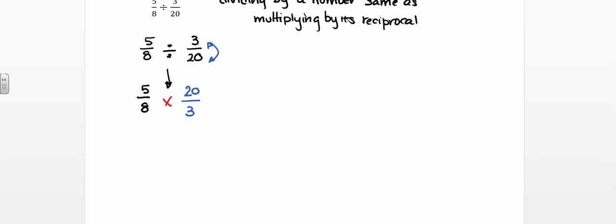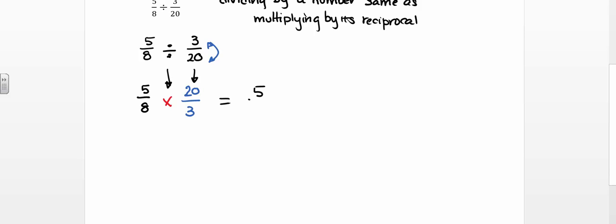So 5/8 divided by 3/20 is the same as 5/8, take the first number, I change it to a multiplication, and then I flip my divisor. So I flip the second number, okay? Now I simply have a multiplication problem.